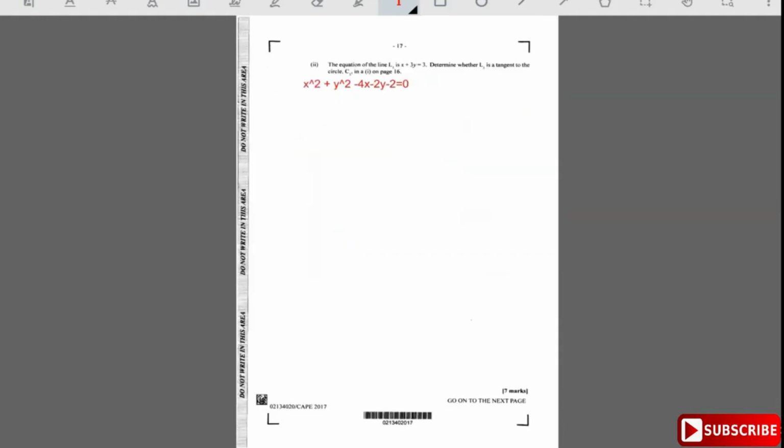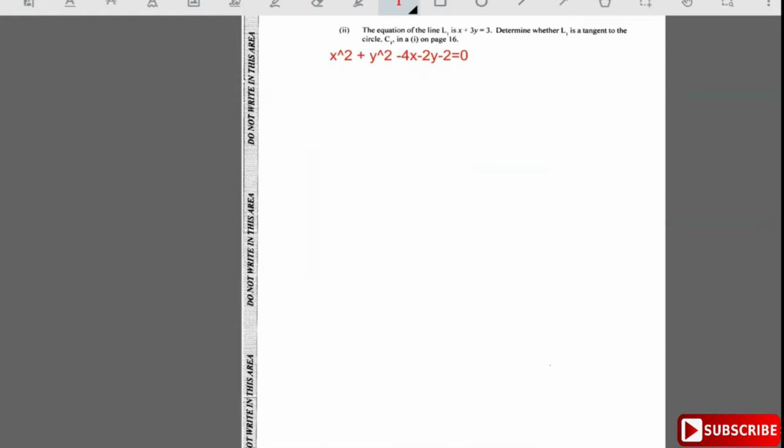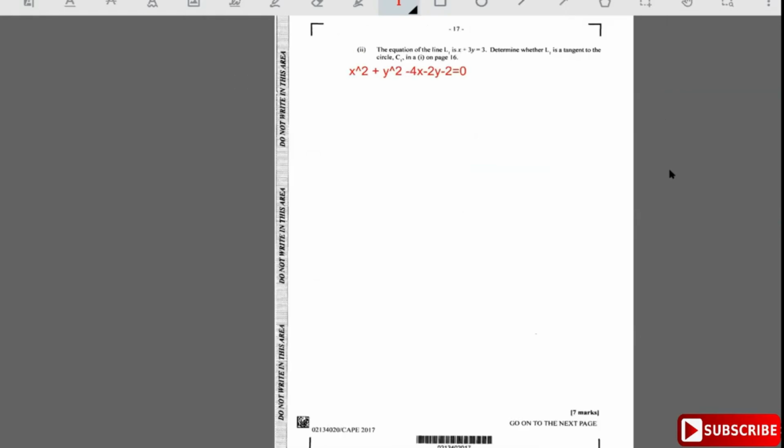All right. Now, looking right here, if I were to make x the subject, from the first equation, x is really 3 minus 3y. So I'm going to substitute x as 3 minus 3y into the curve. Substituting 3 minus 3y into the curve, I will get 3 minus 3y all squared.